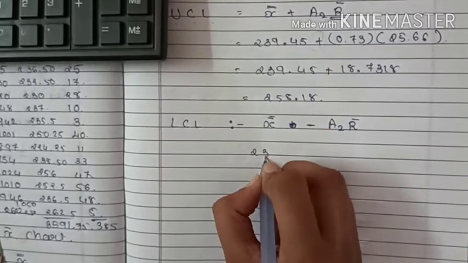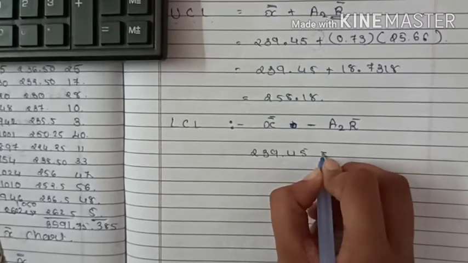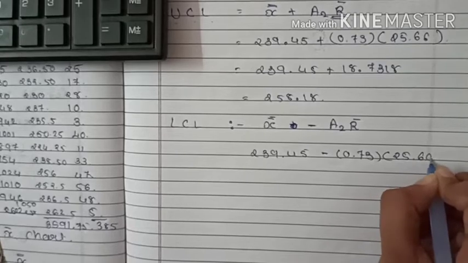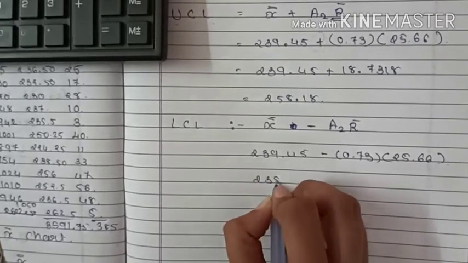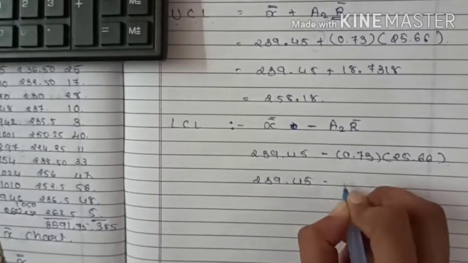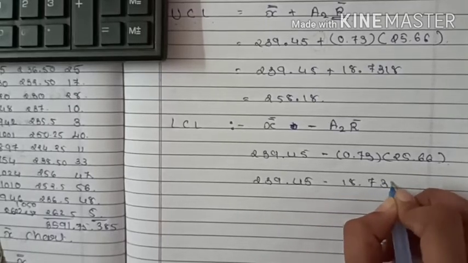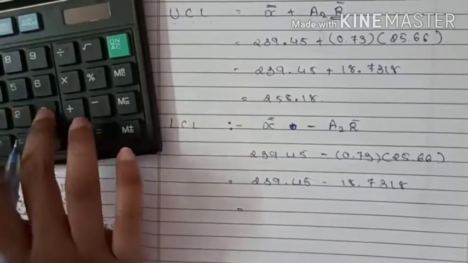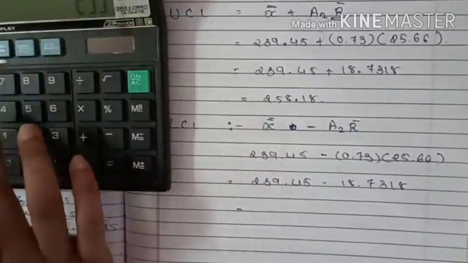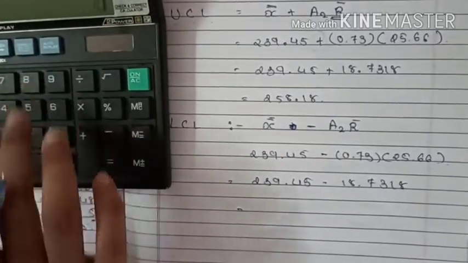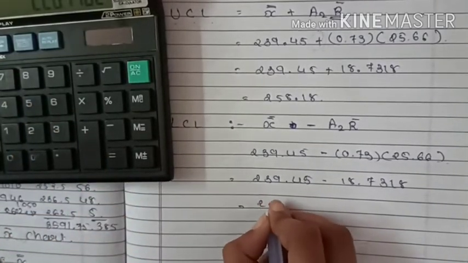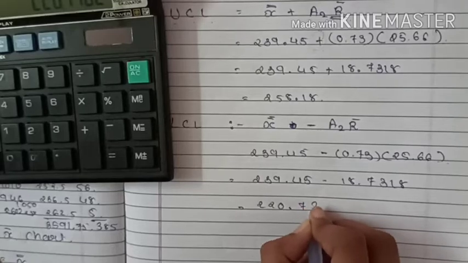So X double bar 239.45 minus 0.73 into 25.66, which is 239.45 minus 18.7318. The answer will come 220.72.